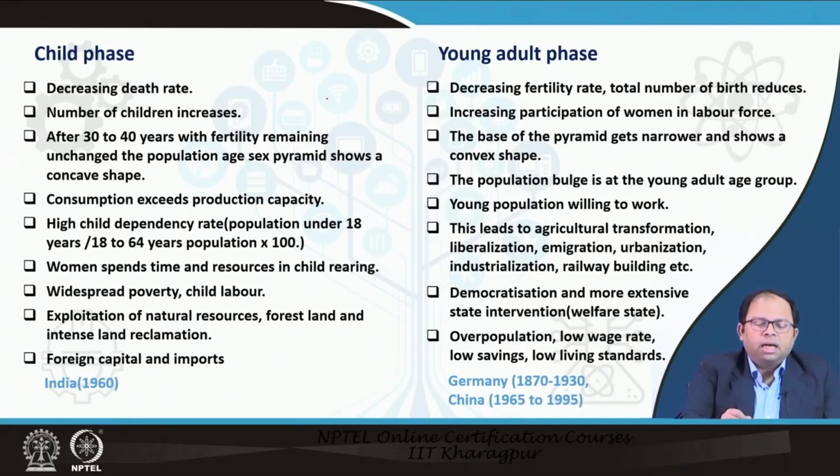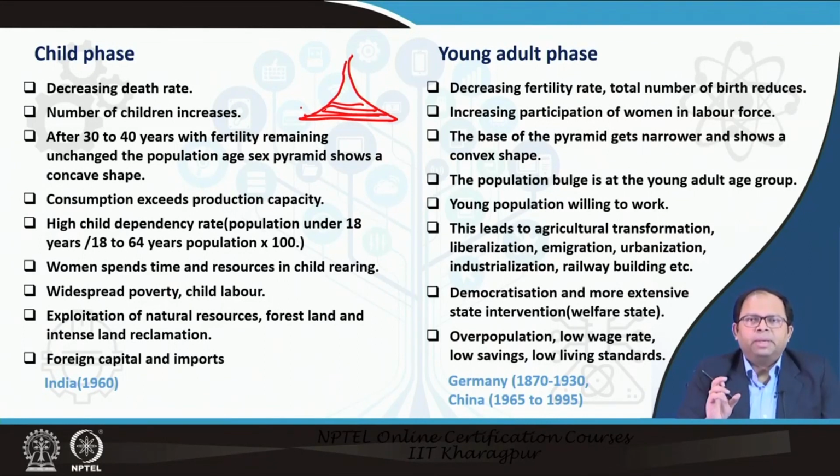That means there are more people in the lower age groups and fewer in the higher age groups. Again, this number of years may be different for different geographies or countries.